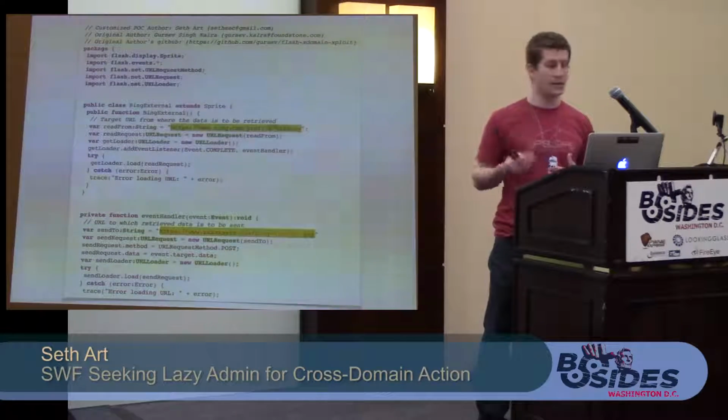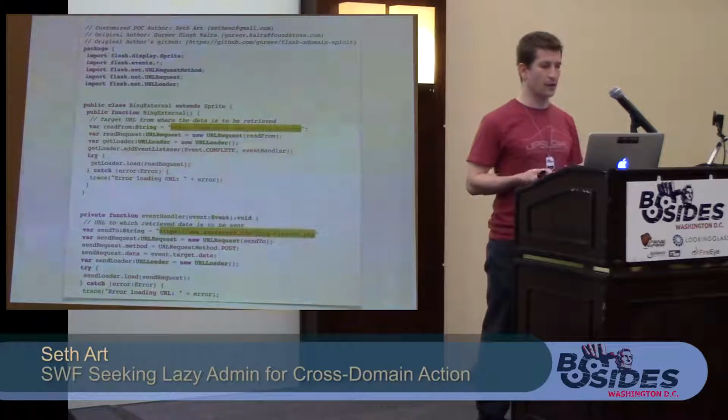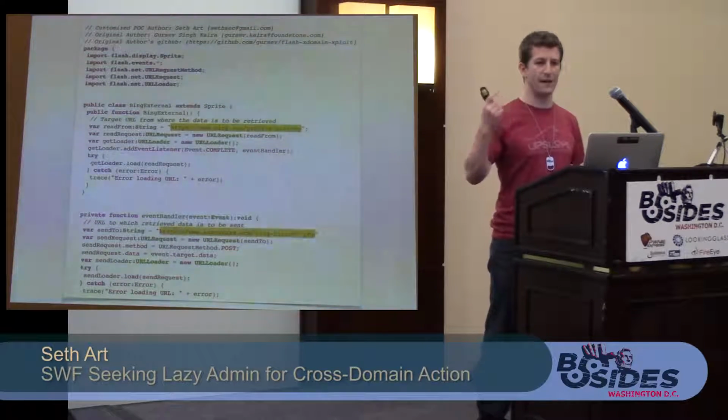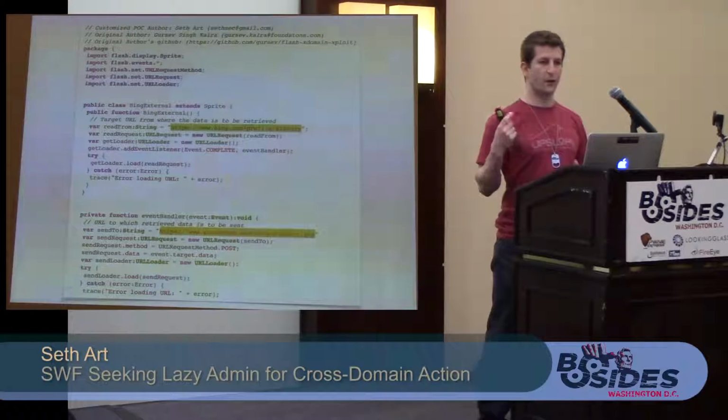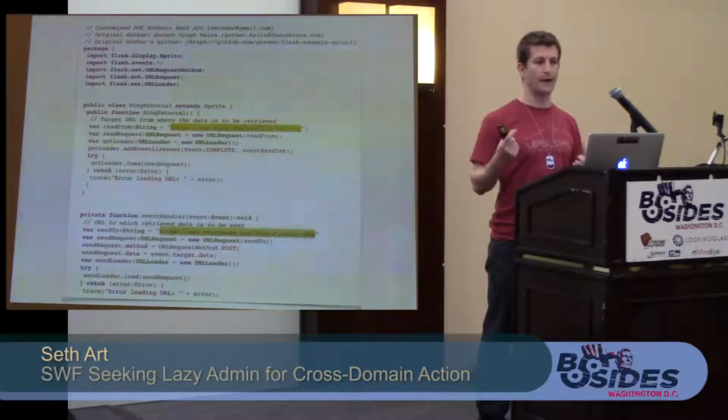All I've done is replace the two portions highlighted in yellow. On the top function, you're specifying the target, so where you want the victim to navigate to. And in the bottom function, that's where you're specifying where you want that stolen data to go. So that's where you send it to your own server.